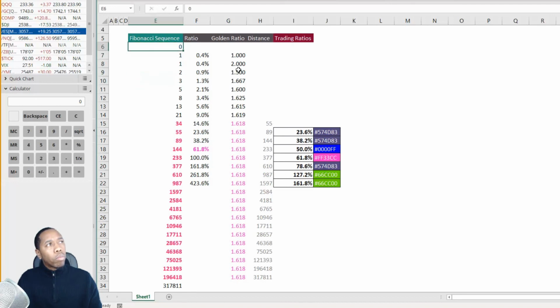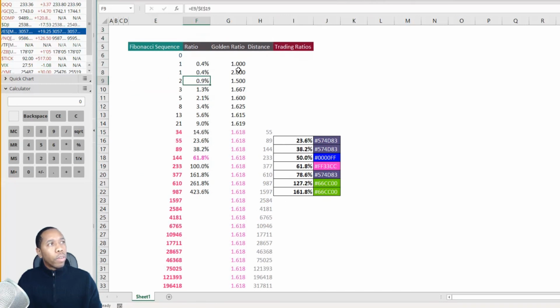Anyhow, what's important that we're looking for is not actually the sequence, the numbers, but the ratios. So we take a look at the ratios right here. How do we get the ratio? We are dividing, starting once we get to 233.